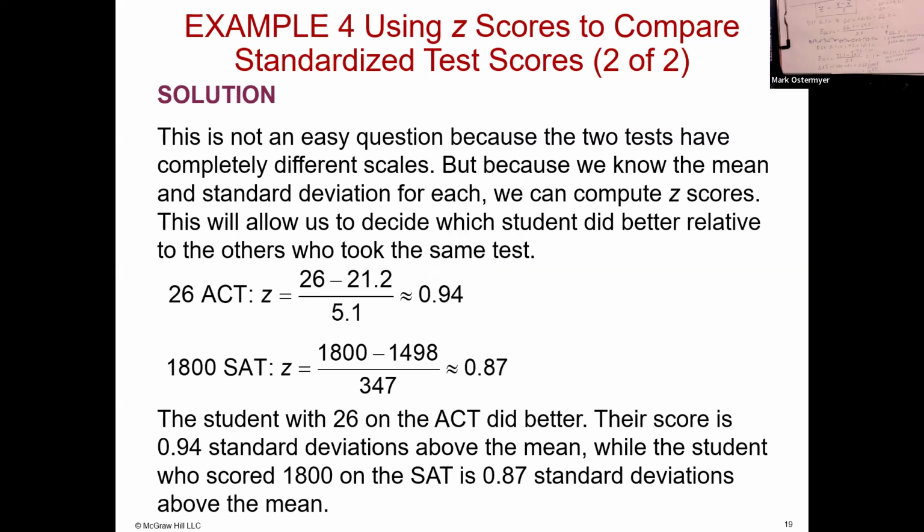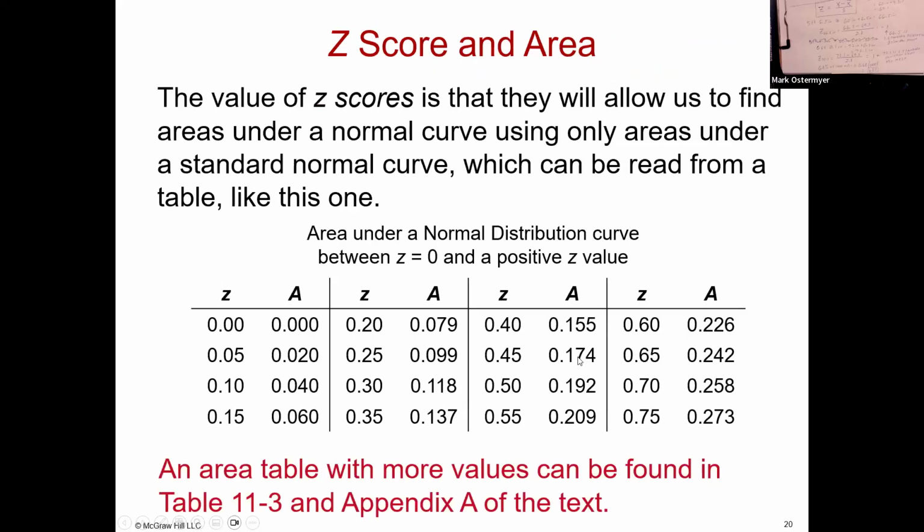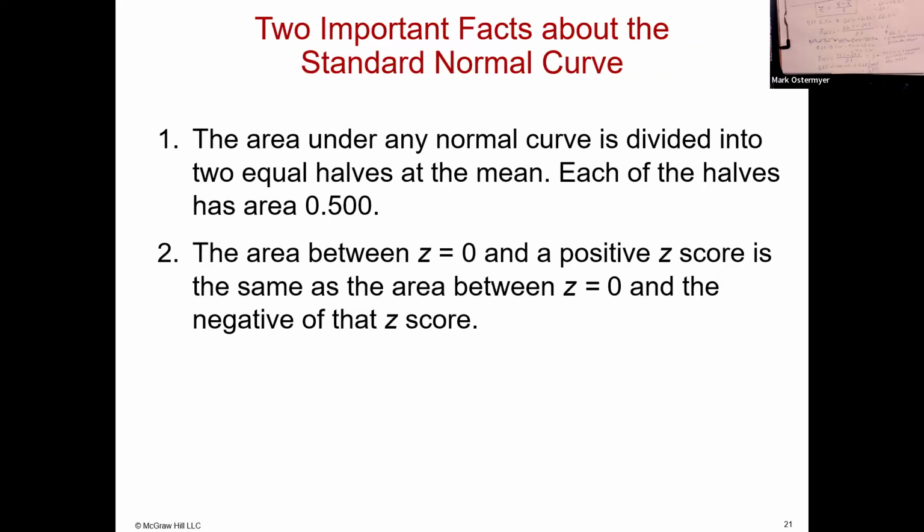So the ACT score is a better score because 26 is further above the mean for that exam as opposed to the SAT score, which is only 0.87 standard deviations above the mean. So the person that scored 26 on the ACT did a better job than the person that scored 1,800 on the SAT. All right.